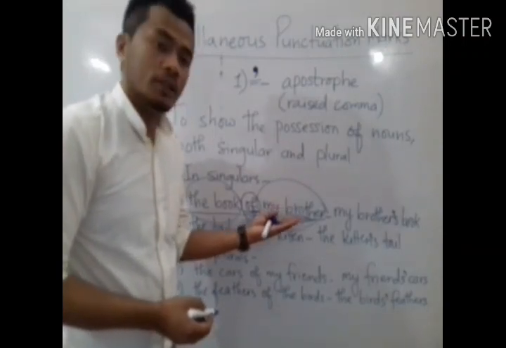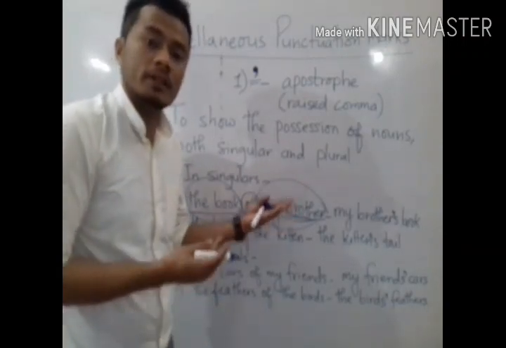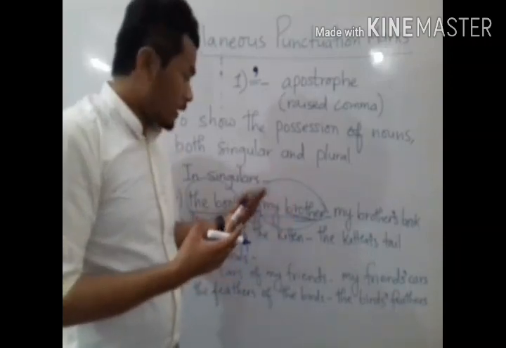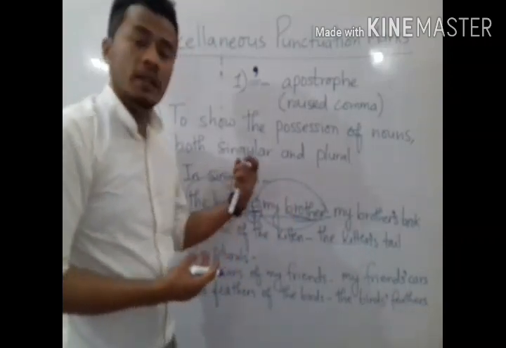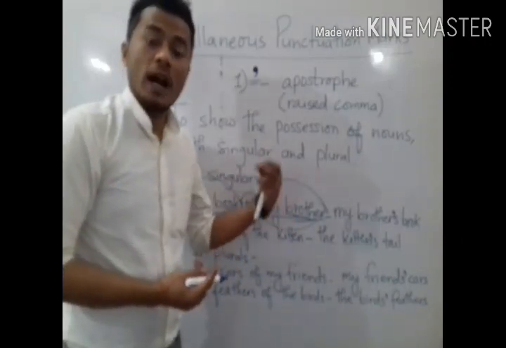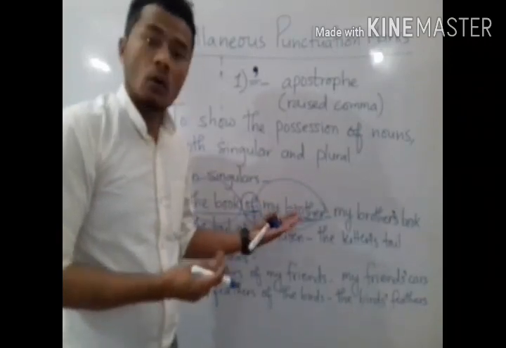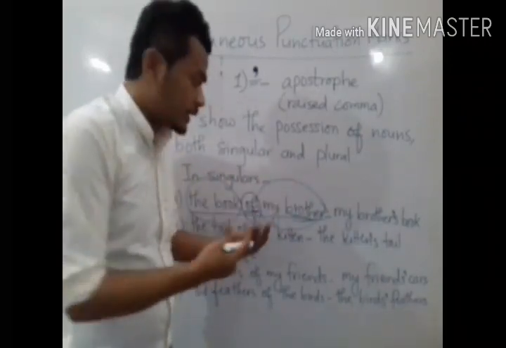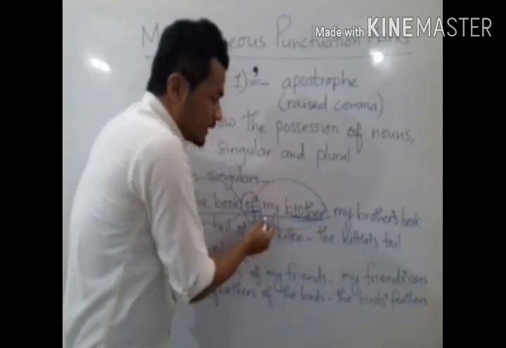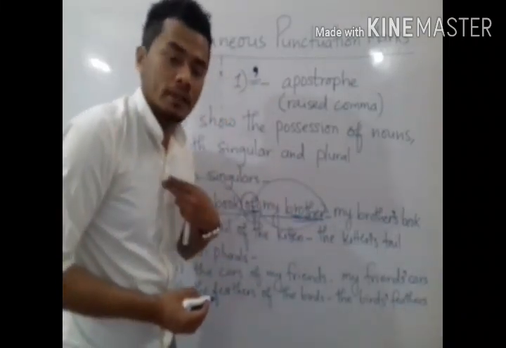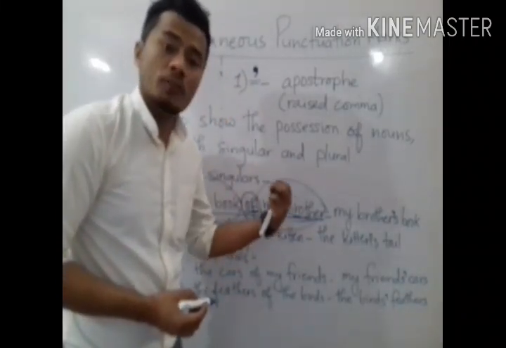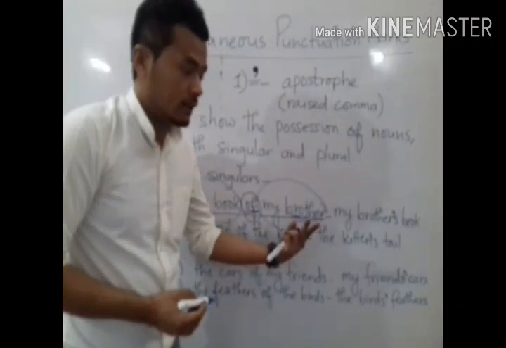So here now to show the possession of my brother, that my brother possesses the book, I have to put apostrophe after the noun that is possessing something. So here the noun that is possessing something is brother, that means my brother. So I have to put apostrophe after my brother. Okay.